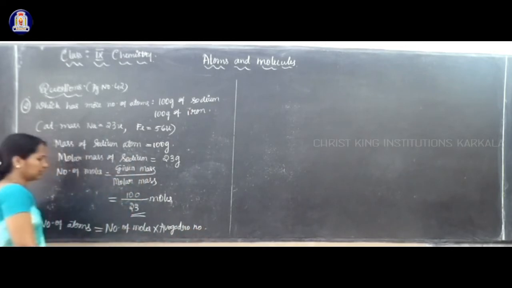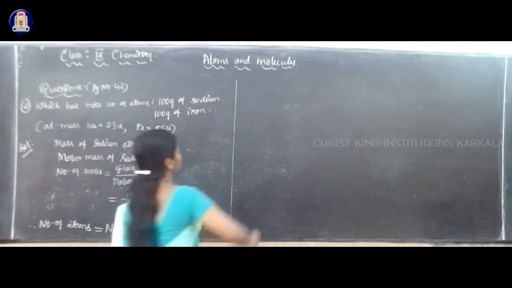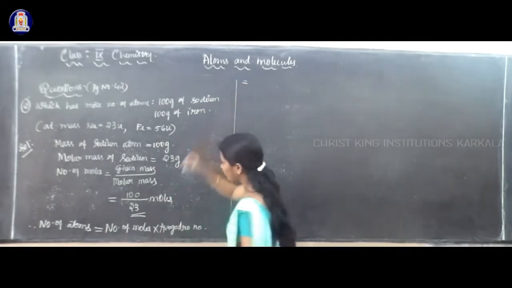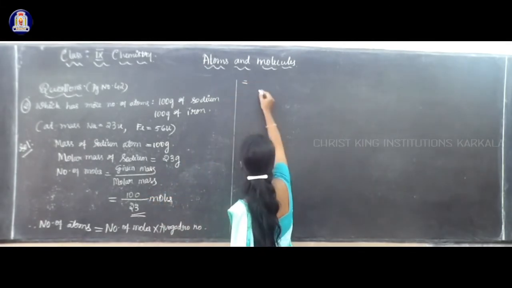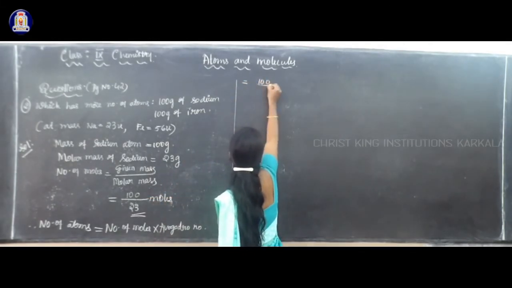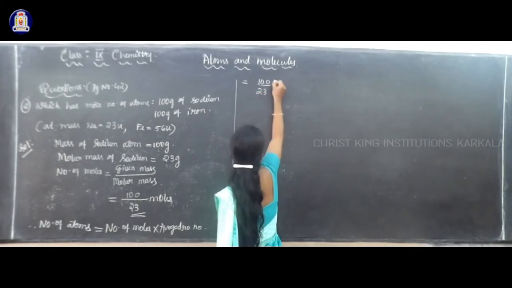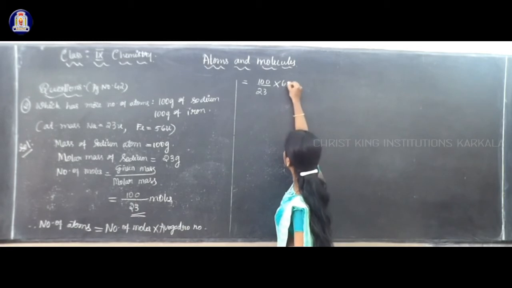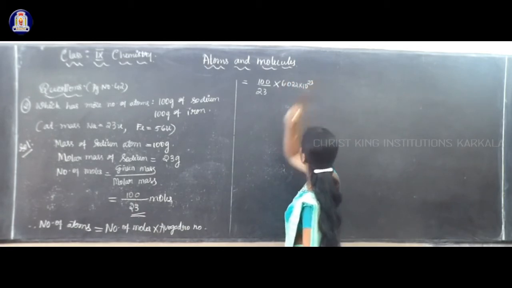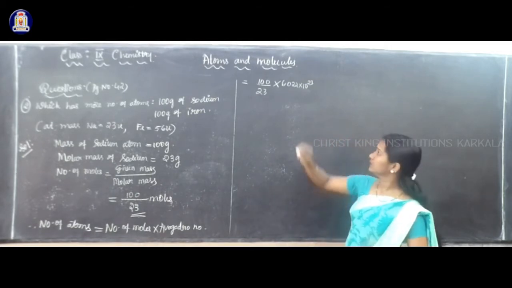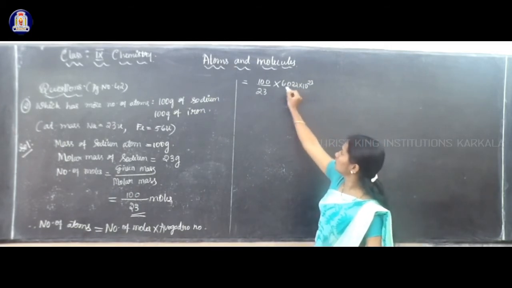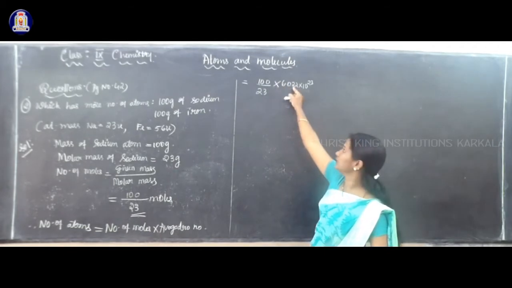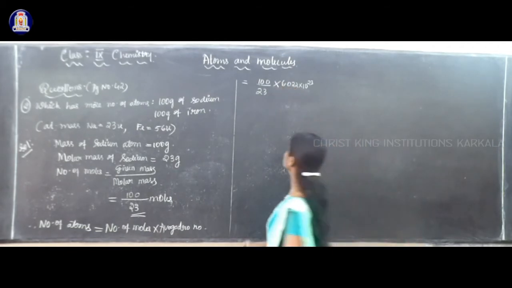Number of moles into Avogadro number is equal to number of moles, that is 100 divided by 23, into Avogadro number, 6.022 into 10 to the power 23. Now multiply 6.022 by 100. You will get the answer.